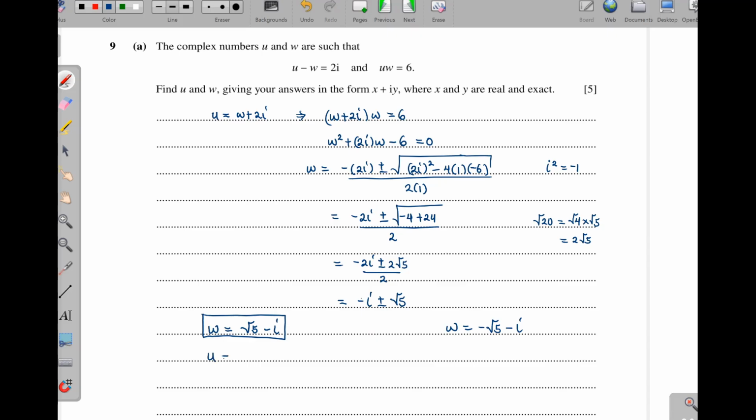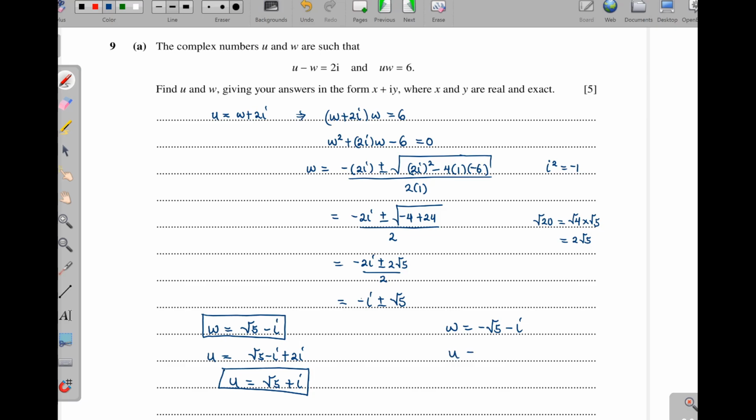Then what will be our u? We are substituting here. You remember here? So we shall have w, which is root of 5 minus i, then plus this 2i here. That means u is going to be root of 5, then plus i.